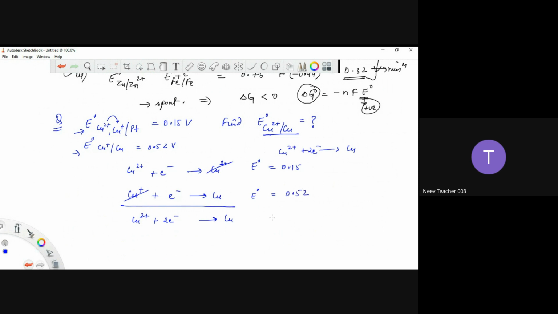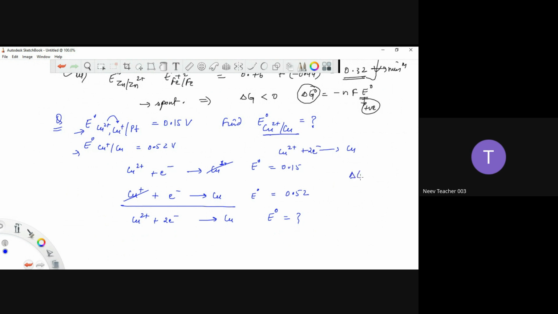Can we directly add these to find the E naught of this? No, correct. Because cell potential is an intensive property, we cannot directly add them. But if they were extensive properties, we could easily add them. Then how are we going to do it?